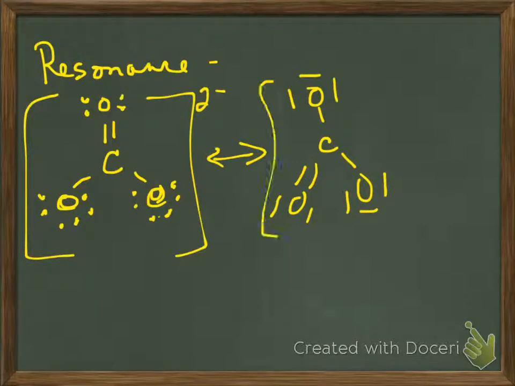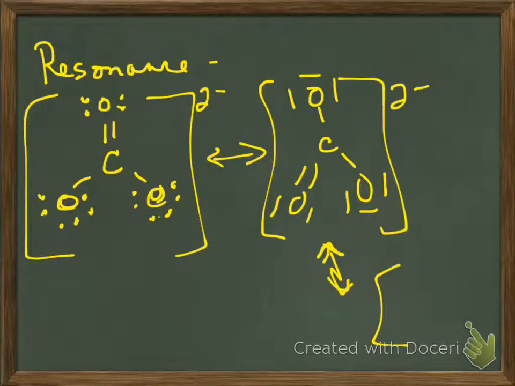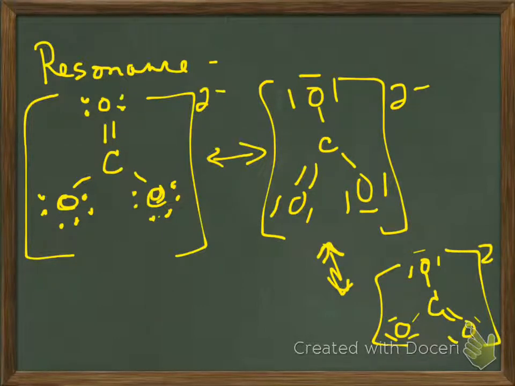Unshared pairs can also be shown like that. Double bond here, single, single. Now, the true structure of the carbonate ion is a blend of all these.